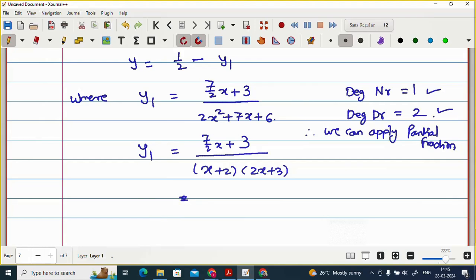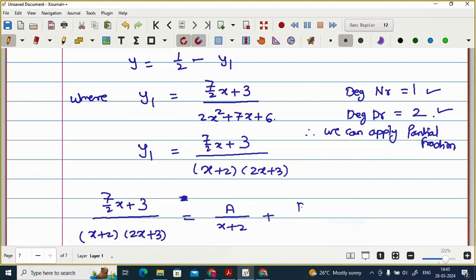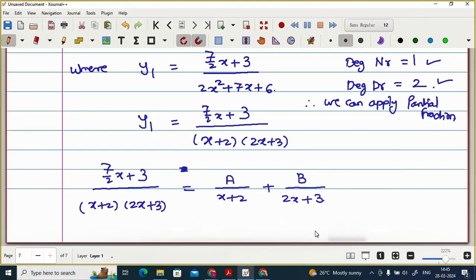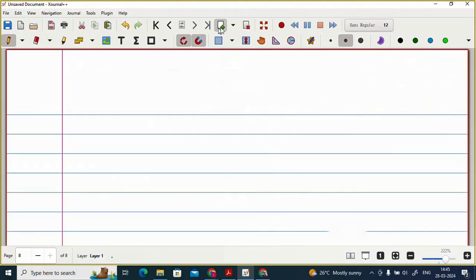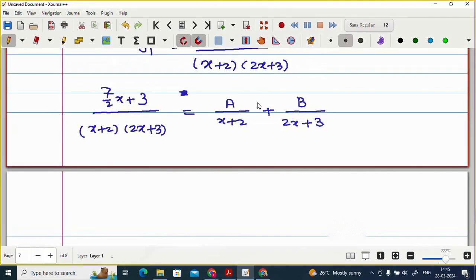Okay, so this 7 upon 2x plus 3 divided by x plus 2 into 2x plus 3 we can write as a upon x plus 2 plus b upon 2x plus 3. We just have to find the values of a and b.